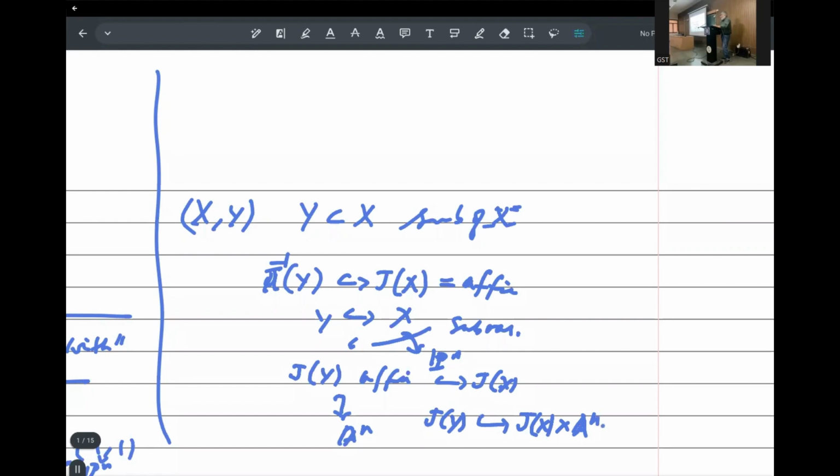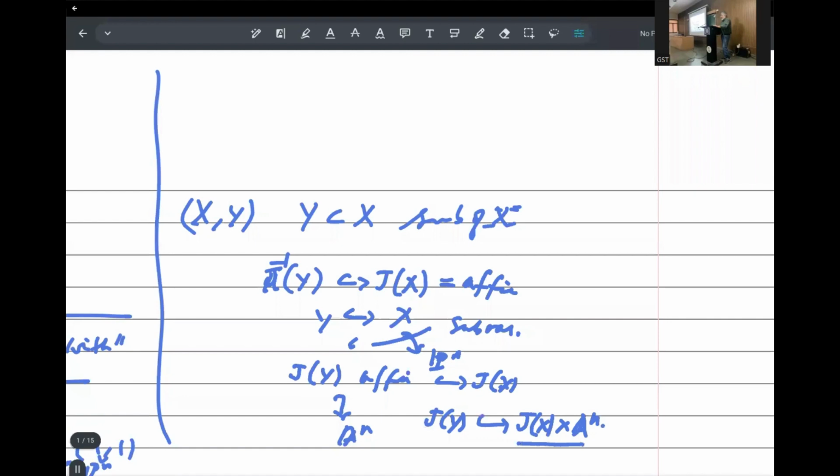Now it's closed, because J of Y sitting inside A^n is closed. If it's closed in one factor, that means it's closed. So this map is a closed embedding, and this again has the same topology as X, because Jx has the same topology as X, so Jx cross A^n has the same topology as X.